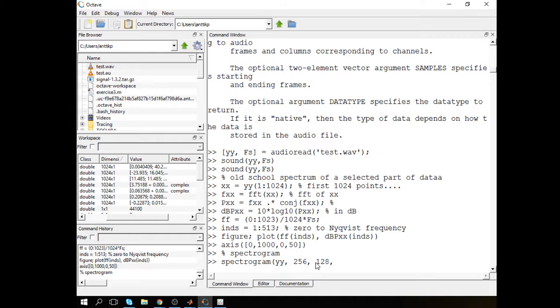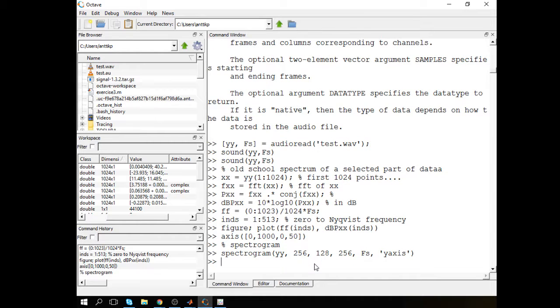Followed by the window size, or was it vice versa? But anyways, those are the values you would use. Then you have the sample rate. Then you would have the y-axis. Okay, you try that one.